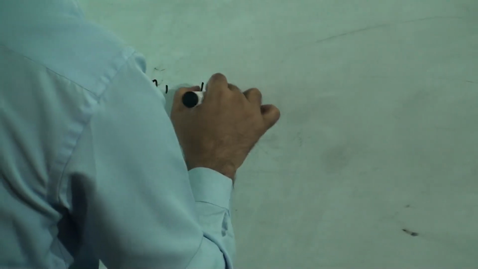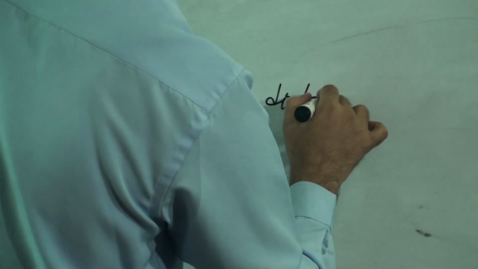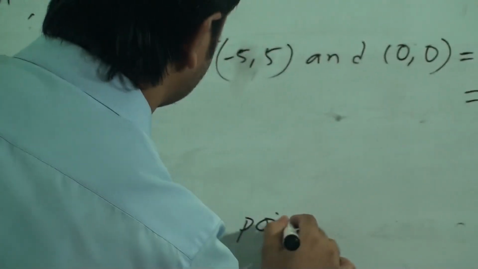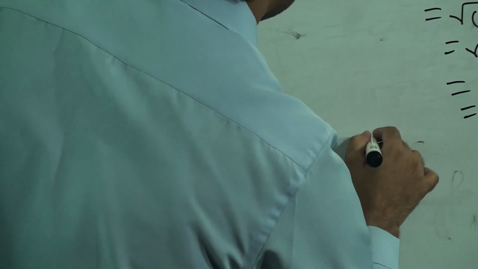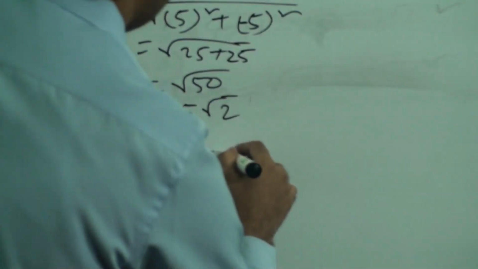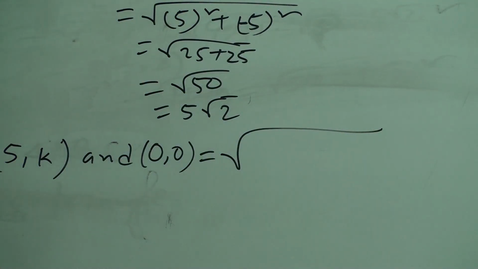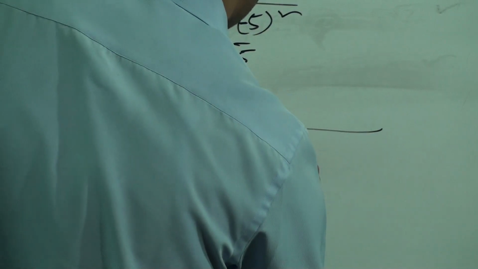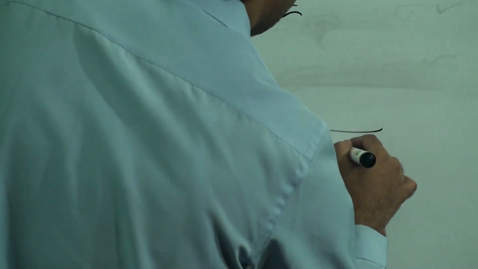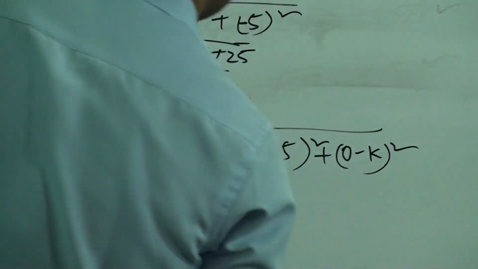Again, we use the distance formula between the 2 points 5, k and 0, 0. So we can determine the distance here: square root of 0 minus 5 whole square plus 0 minus k whole square.